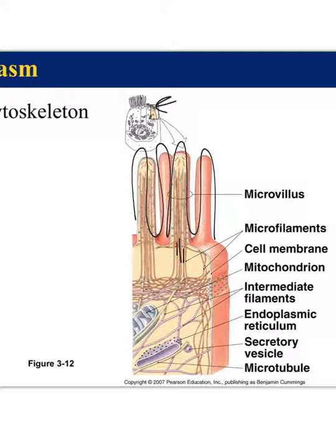Again, those are also going to help maintain the structure of those microvilli in addition to the cell structure itself. You can also see the intermediate filaments, which are sort of purple in color, and the microtubules, which are tube-like structures that in this picture are denoted as yellow. You can see some other organelles within that are held in place by those filaments.